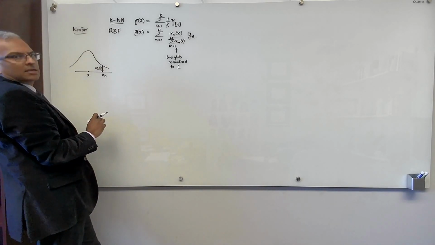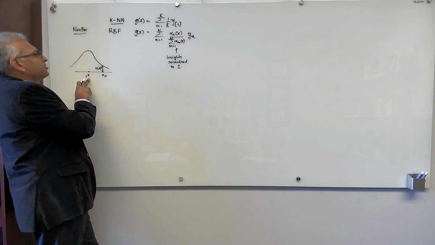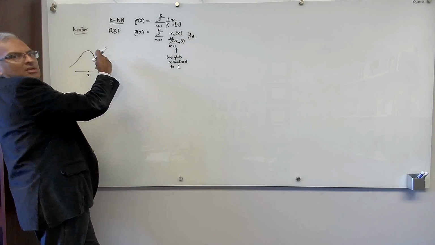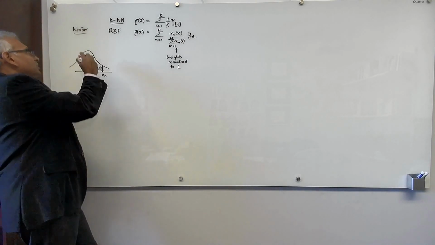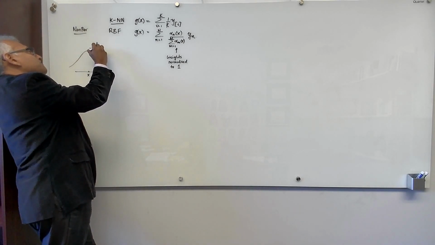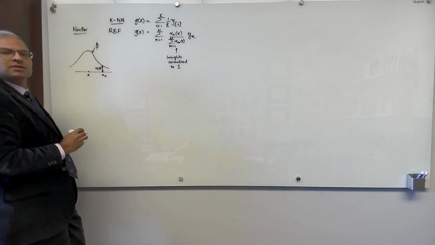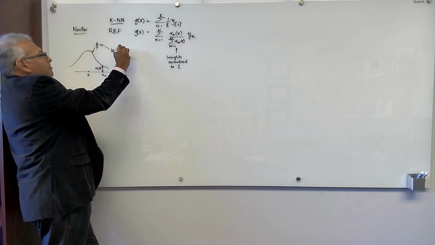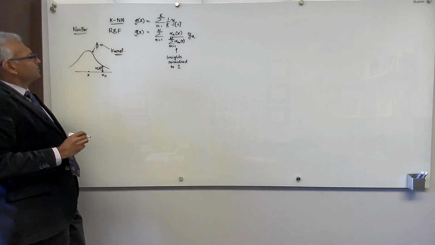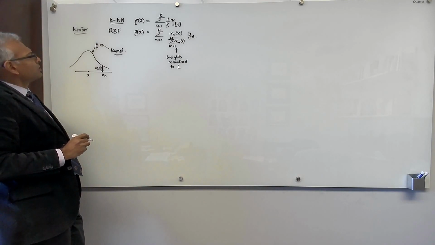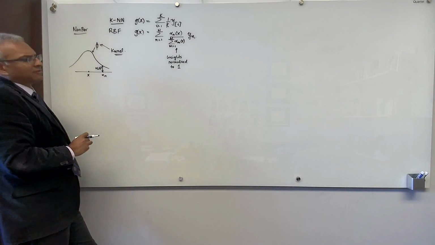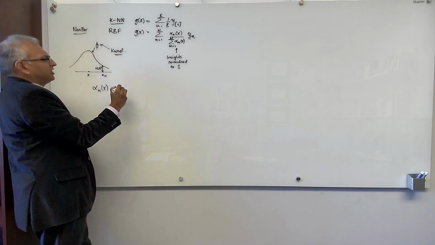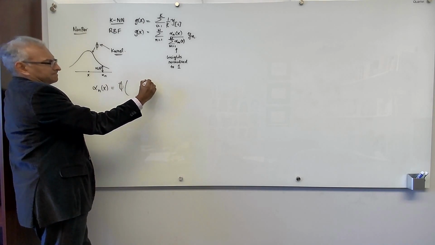You've placed a bump on the test point, and as you move further away from your test point, the bump decreases, so you get a smaller and smaller weight. We can call this bump function phi; technically we call it a kernel. Now, how should this kernel behave? Alpha n of x is going to equal phi of something.